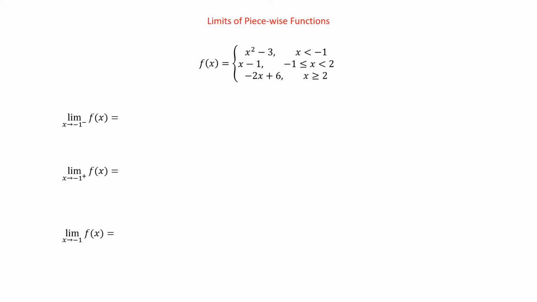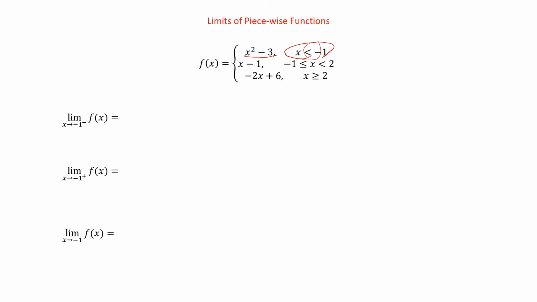So when x approaches -1 from the left, or from the negatives, you're looking for when x is less than -1. So you're going to have to plug it into this equation. So we're just going to plug -1 in there. I know that x can't actually equal -1. That doesn't matter.